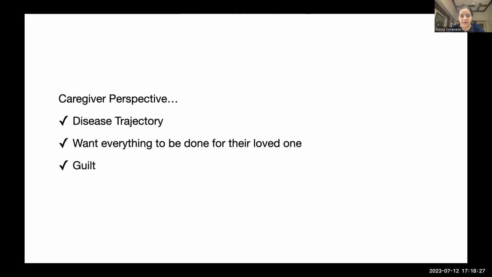So that guilt is there, or rather the guilt that they might be the ones who are sort of killing the patient. And of course, we have societal pressure, especially in our country, where we have to think about what other people will say, because there are extended families who later on will say, oh, you didn't do this, you should have done that, you should have taken him to that hospital, etc. There is a lot of societal pressure as well, so that needs to be taken into account.